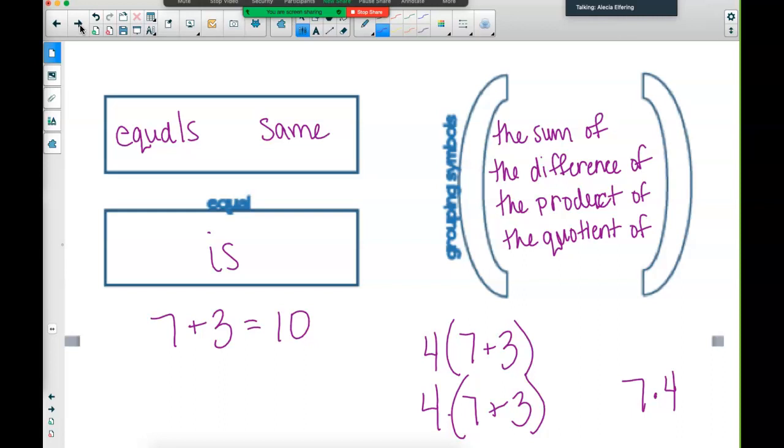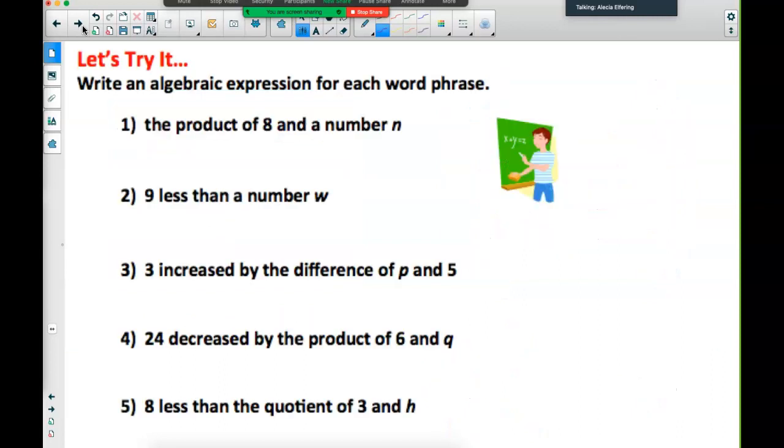So on your homework today, you're going to see things like this, where you have to write an expression for the word phrase. I'm going to give you a phrase, and you have to write it out. The product of 8 and a number n. What would that look like? The product of 8 and a number n would just be 8n.